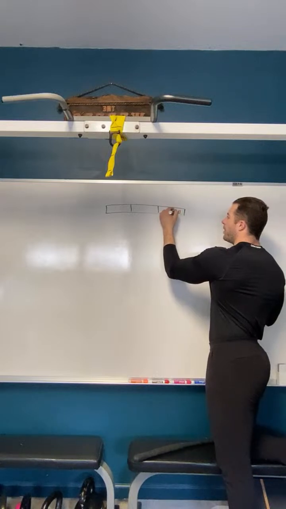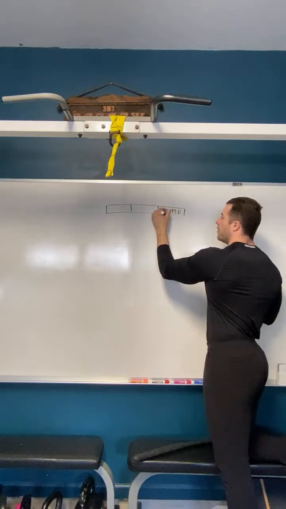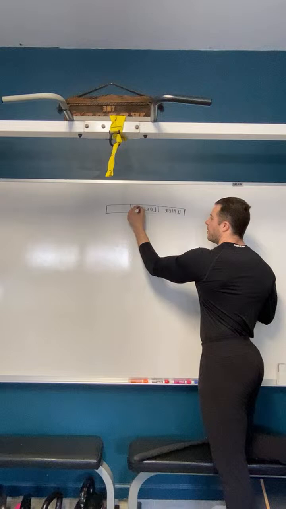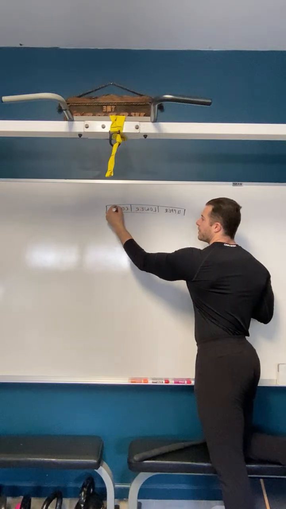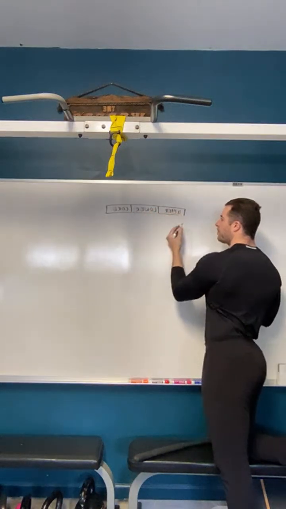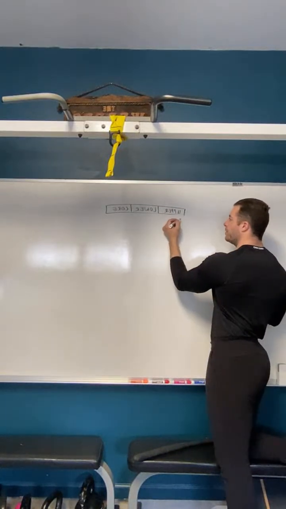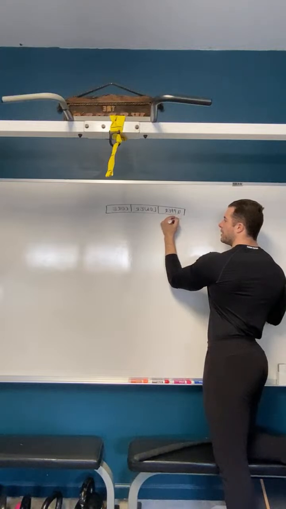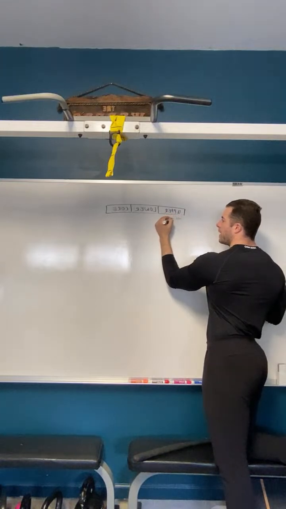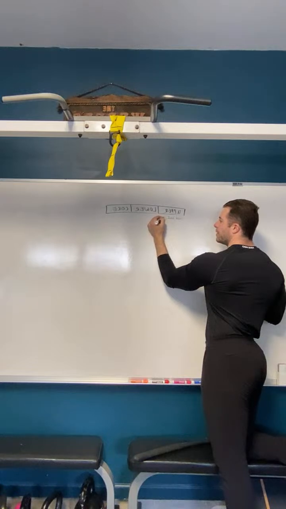We have upper, we have lower, and we have core exercises. Okay? Upper can be compartmentalized into chest, back, and shoulders.